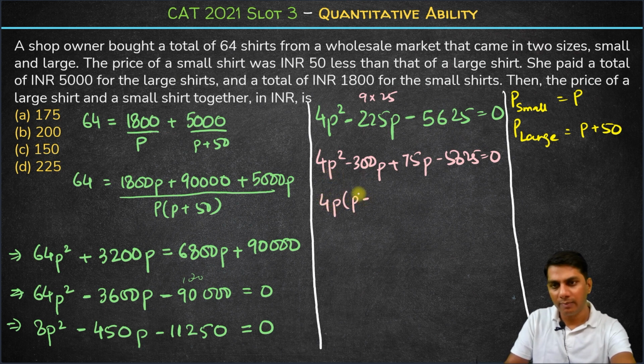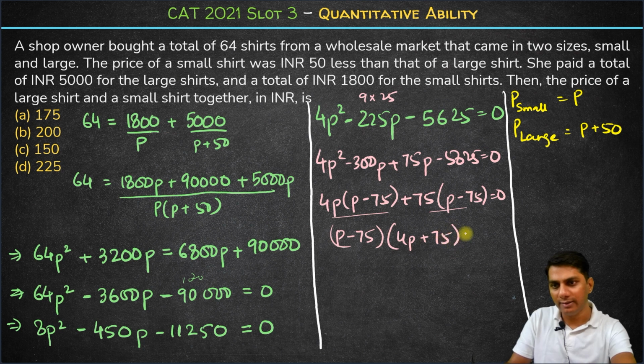This gives us P minus 75 plus, taking 75 common here, we get P minus 75 is equal to 0. Now again, taking P minus 75 common from both these terms, we get P minus 75 into 4P plus 75 is equal to 0. Hence P is either equal to 75 or P is equal to minus 75 by 4.